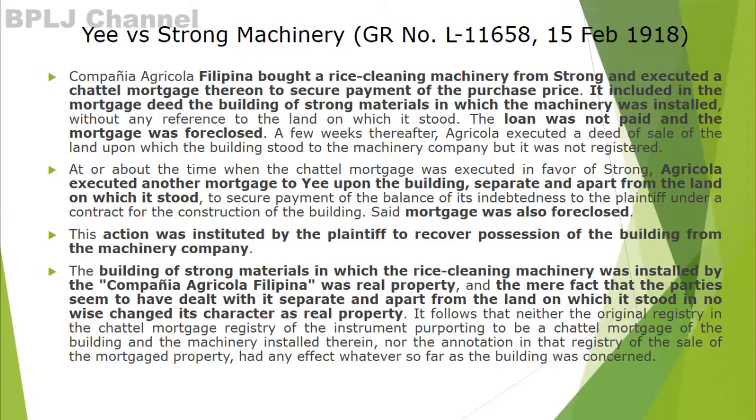One on the machinery and the other on the building separate from the lot on which it stood. So if there are third persons involved, said third persons can insist that it is immovable pursuant to Article 415 and not personal as agreed upon by the parties.